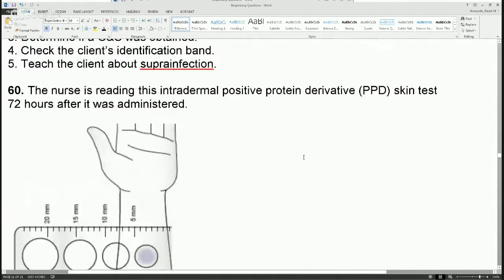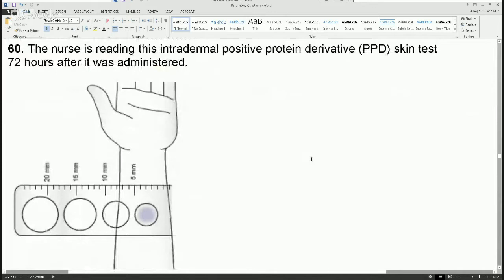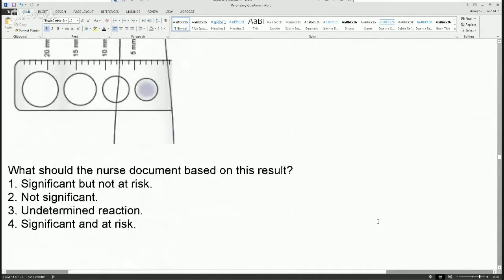All right, Robert, time for a new type of question. The nurse is reading the intradermal positive protein derivative skin test 72 hours after it was administered. What should you document based on this result? I take it it's a 5 millimeter welt. If you're 3 or under, it's not significant at all. So I'm going to say 1.